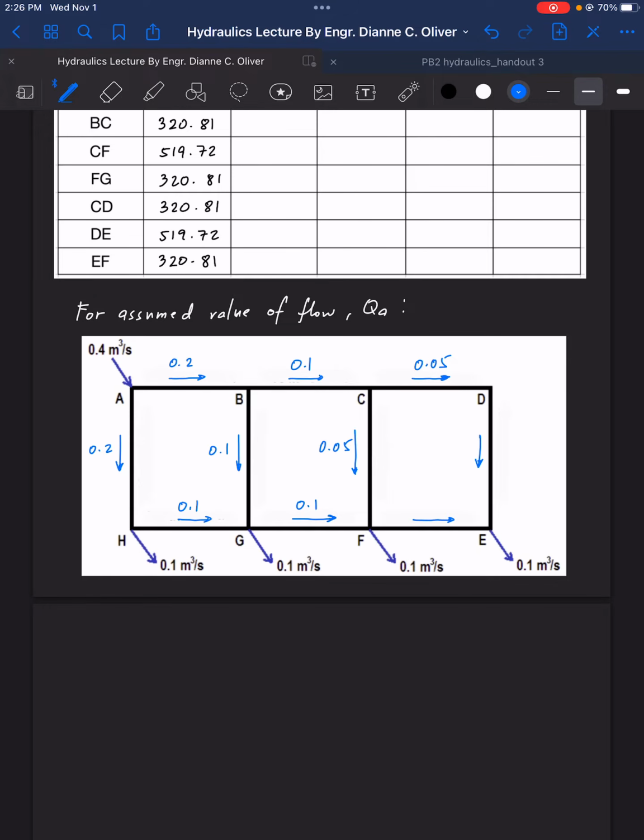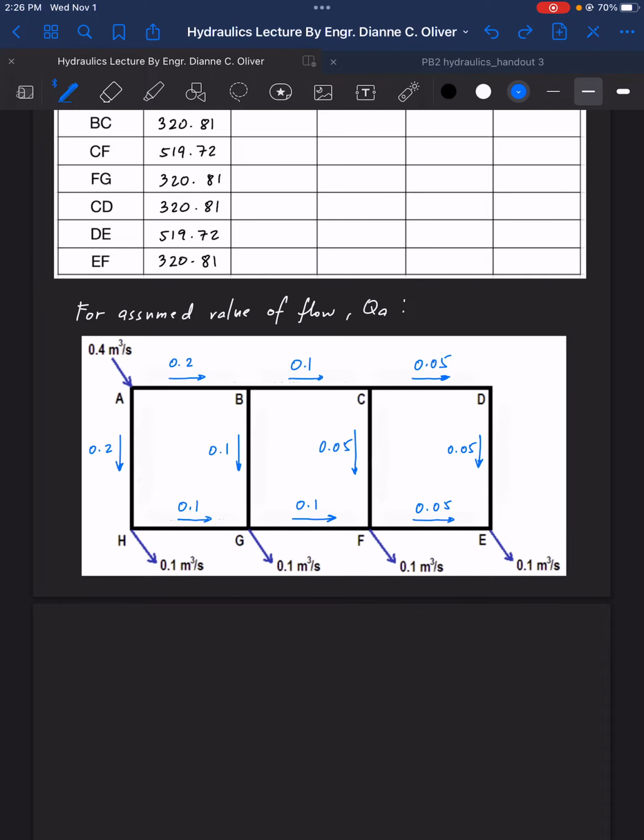And then since this is just going to bend here in this corner, this is 0.05. Then an inflow of 0.15, then an outflow of 0.1, therefore this is 0.05. Then lastly, we have here 0.05 plus 0.05 equal to 0.1.